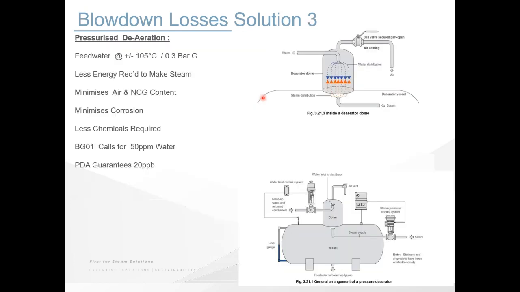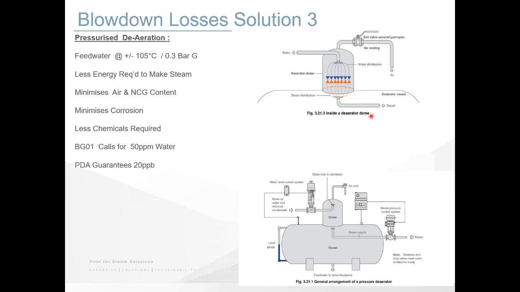So, blowdown losses, a third solution. If you've got pressurized deaeration on top of your tank, your feed water tank, you can reduce the losses by adding feed water at a higher temperature. Your water feed is in here, you're adding steam into the system and effectively heating it so that it drops down through. It minimizes corrosion and requires fewer chemicals.